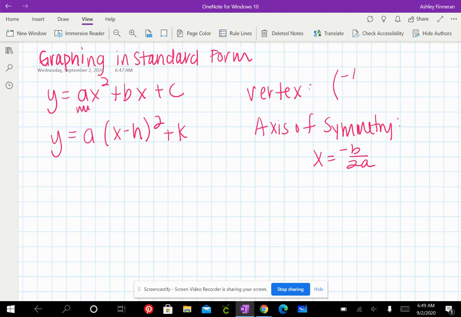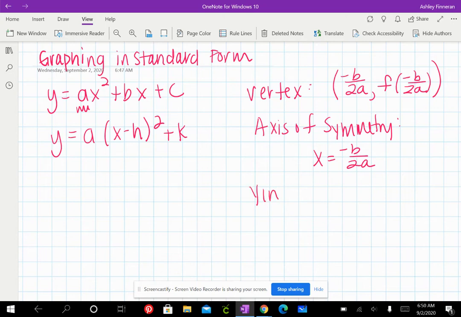So negative b over 2a is the x of your vertex, and then you need to plug that in to find the y value. And then from there, you have a couple of different options on how to find points. One point that is easy to find from this form is the y-intercept.